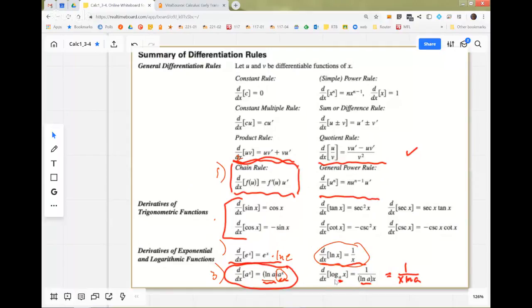And if you take the derivative of the log of any base of x, it's 1 over x again, but you do have to multiply it by the natural log of its base. So there's a summary, and you want to get very familiar with it. You really have to have this memorized.